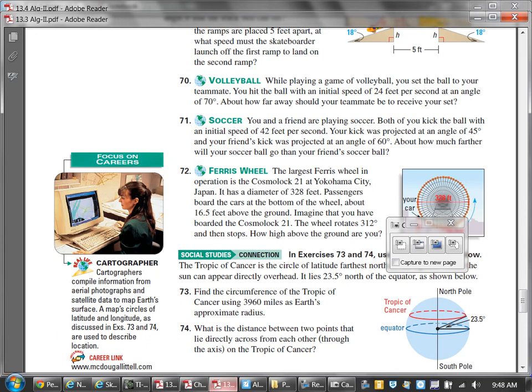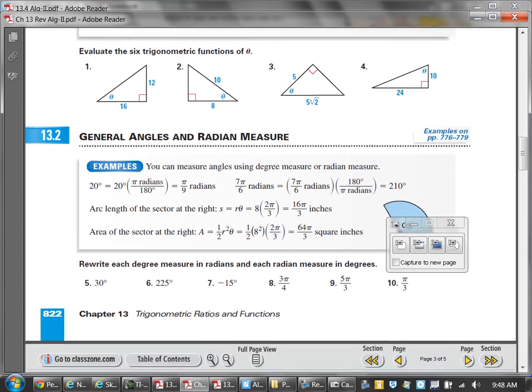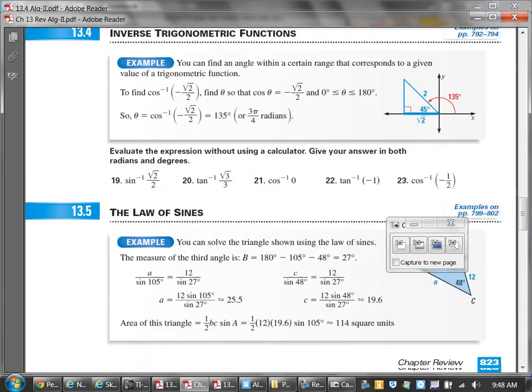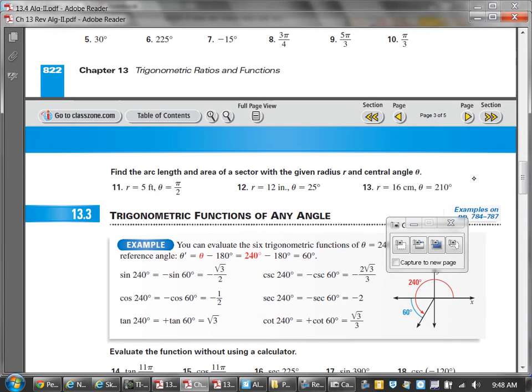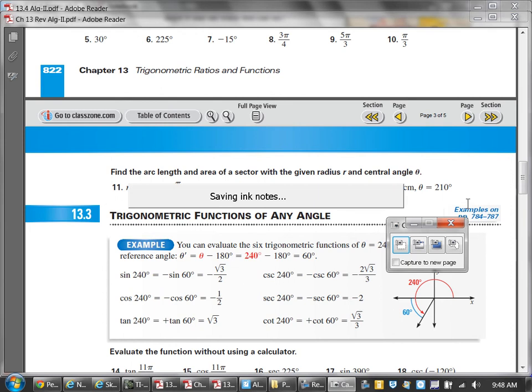Now, the other thing I know you guys were asking about: if we go back and look at where we were with the areas of sectors and areas of circles, this is one of the questions you guys were asking about. Quick review with the arc lengths and sectors.